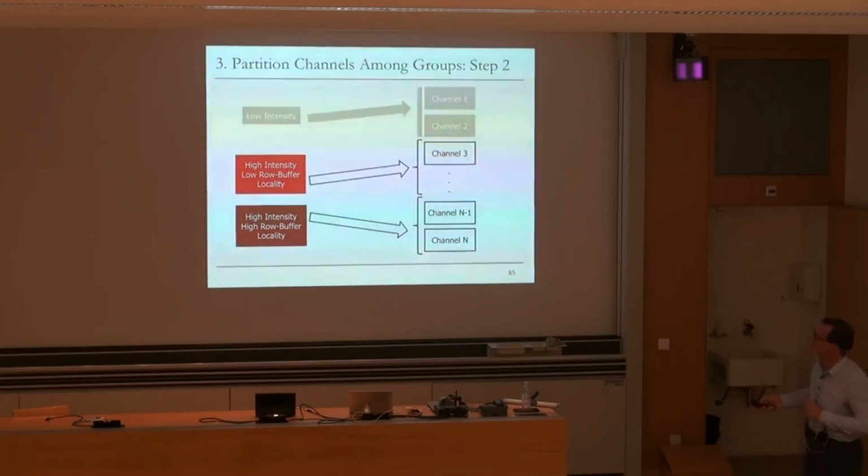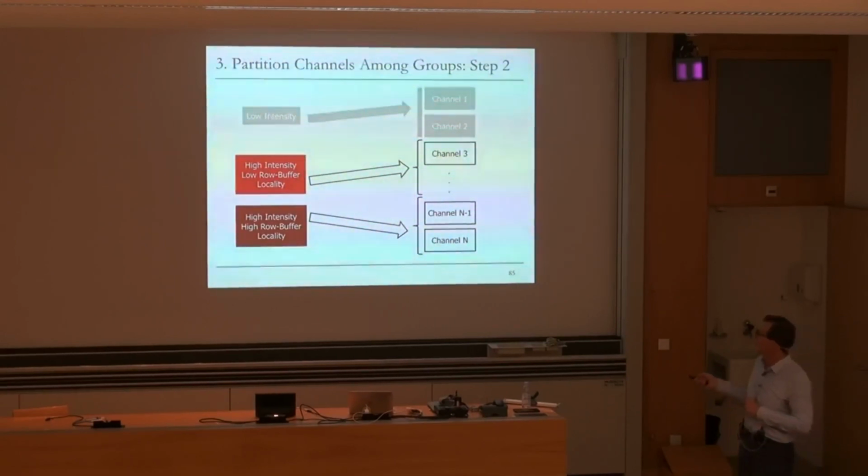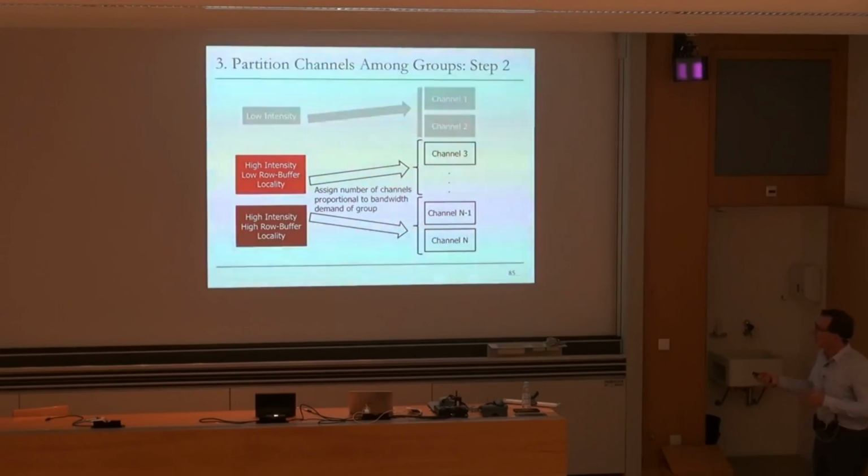And what happens to the high intensity ones? Now you need to distinguish between different row buffer localities, and in this case, you assign the number of channels proportional to the bandwidth demand of the group. Basically, you figure out how many requests per second each group is generating, and proportionally to that, you partition the channels across those groups. That's the idea.